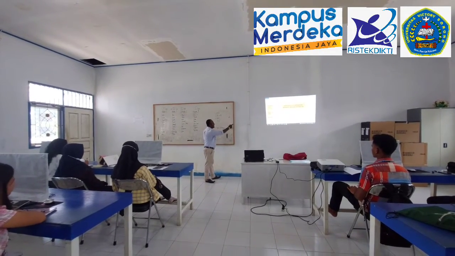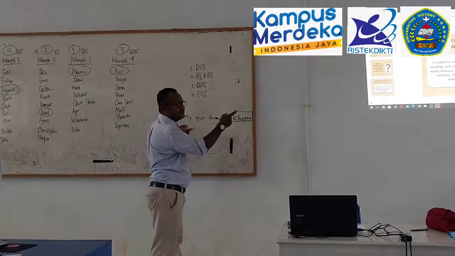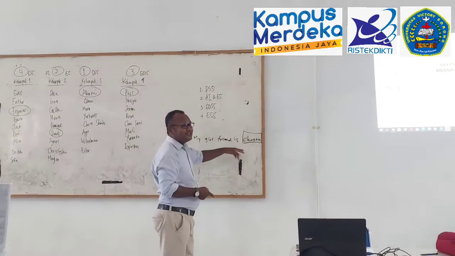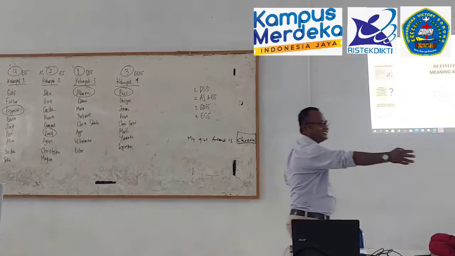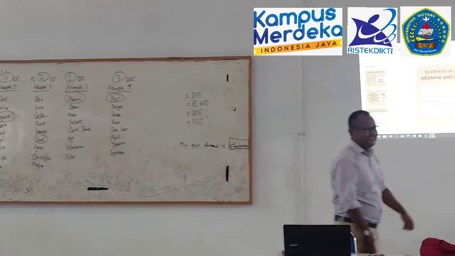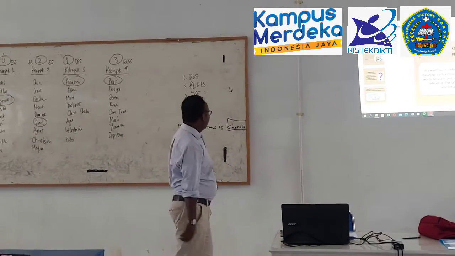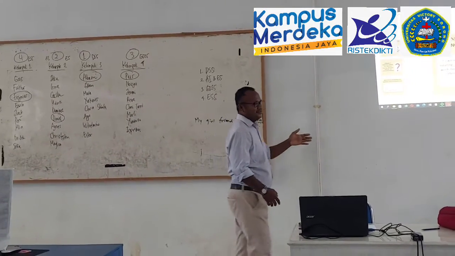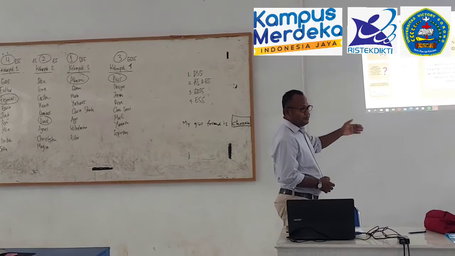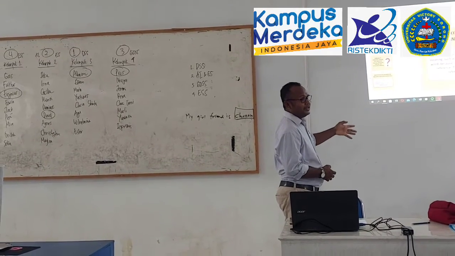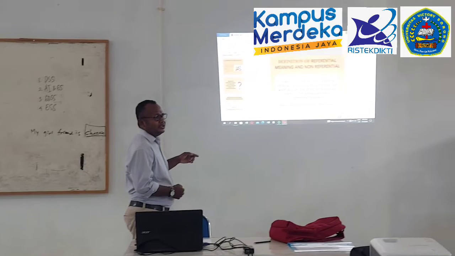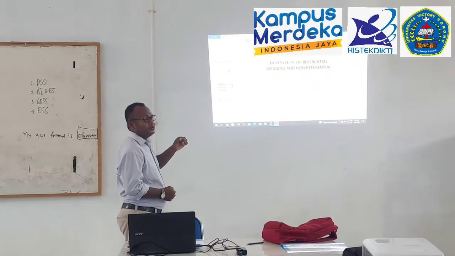If the word has its reference, Christine, the reference of Christine is Christine. That is, if a word has its reference, it is referential meaning. So when we talk about referential meaning, we talk about an object.